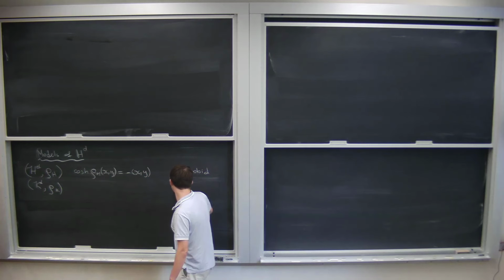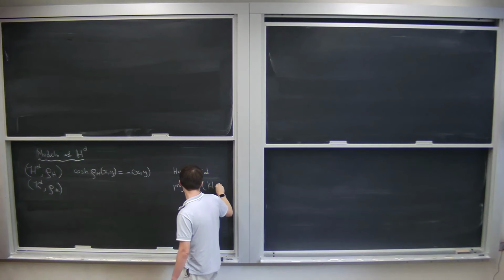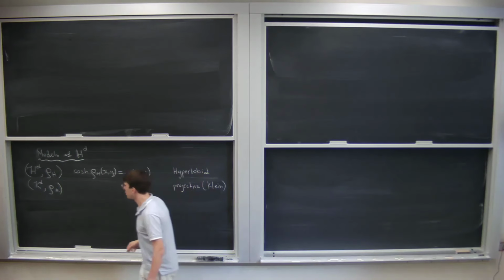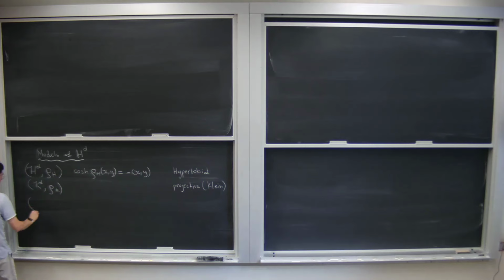This is the projective or Klein model. The ball model B^d and the metric rho_B, and the last one is U^d and rho_U.